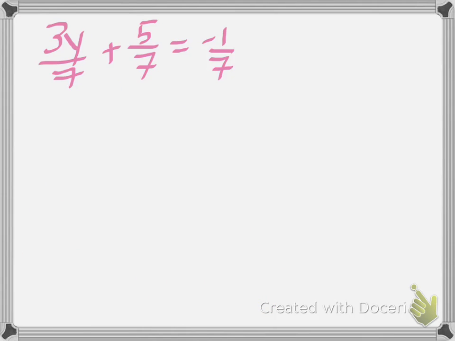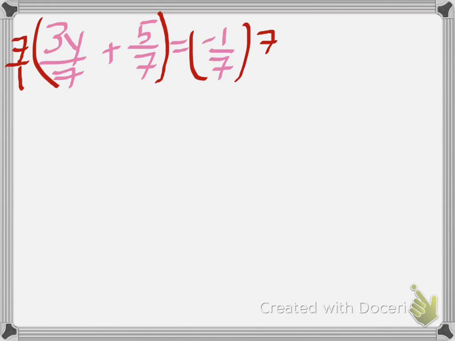Here's another one: 3y sevenths plus 5 sevenths equals negative 1 seventh. This time I'm going to try to use that strategy. 7 over 1. Oh my goodness. 7 over 1. Okay, how did I do that? I saw all my denominators were 7. So if I multiply by 7, everything goes away.